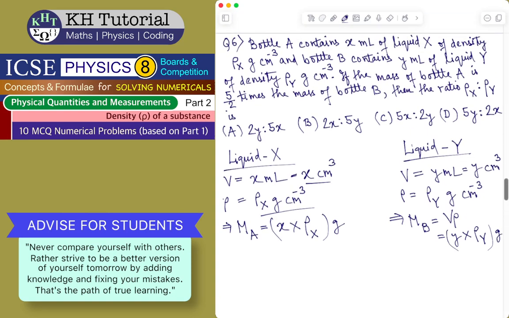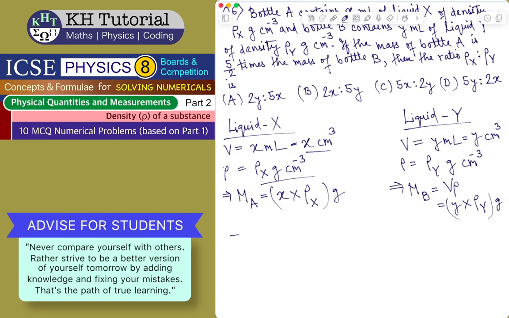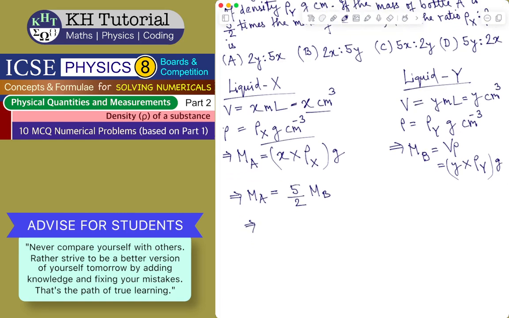Now in the problem it is also given that the mass of bottle A is 5 by 2 times the mass of bottle B. So it is given that MA is equal to 5 by 2 times MB. So this implies the mass MA, the mass of bottle A having liquid X, we have found to be X multiplied by rho X, this much gram.